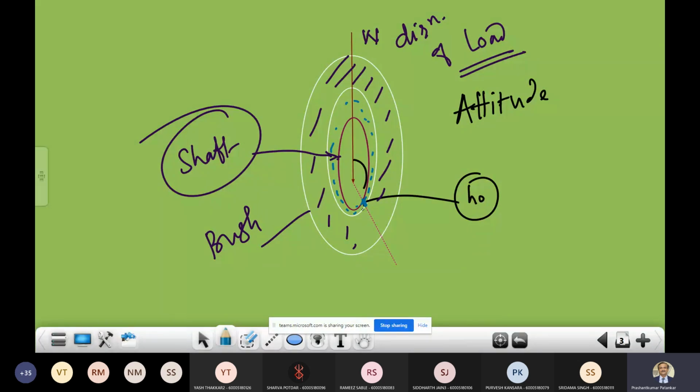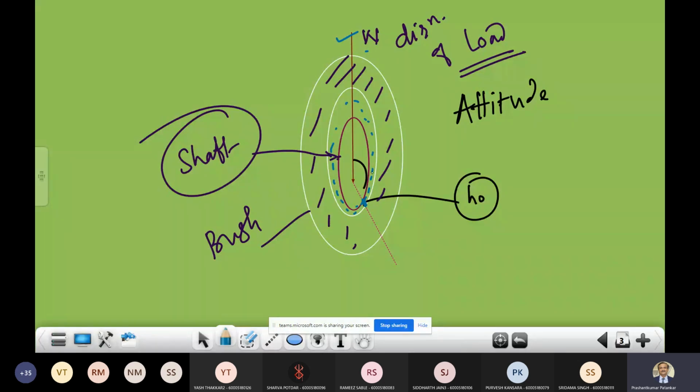Now this line along the minimum film thickness is extended up to the center of the journal, and on this shaft the external radial load comes, shown by this arrow. The included angle between the external load and the line along which we get the minimum film thickness, that angle we have to measure.